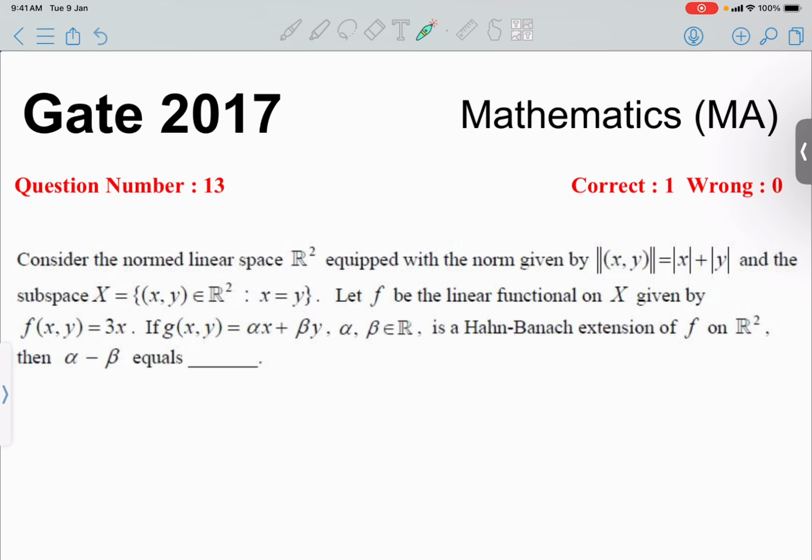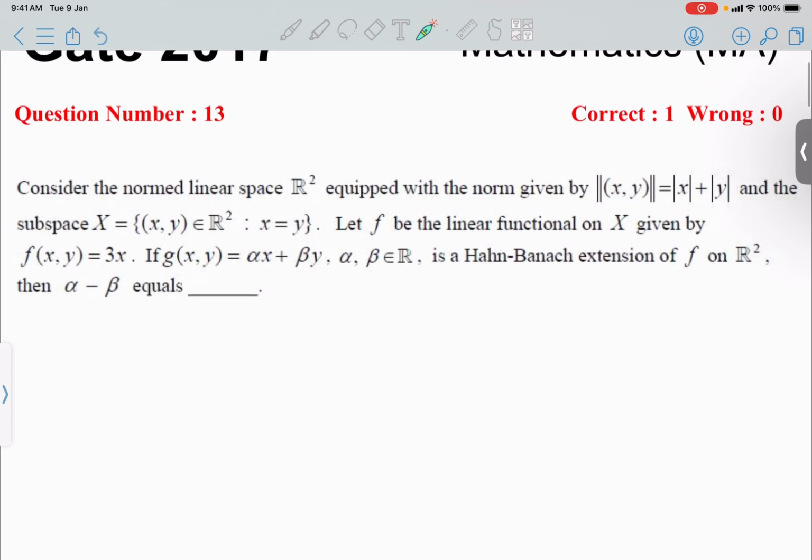So the vector space R2 is equipped with the norm of (x, y), which is mod x plus mod y.